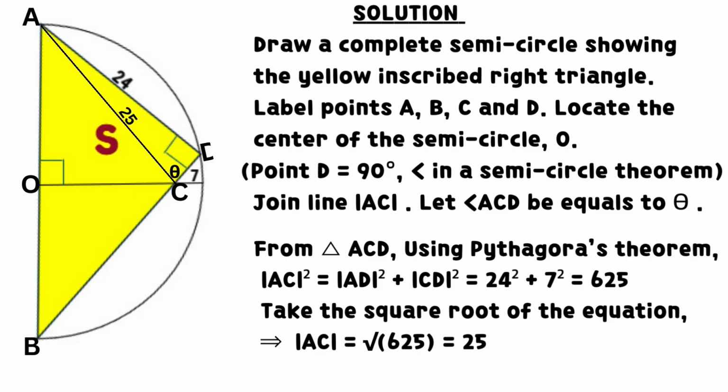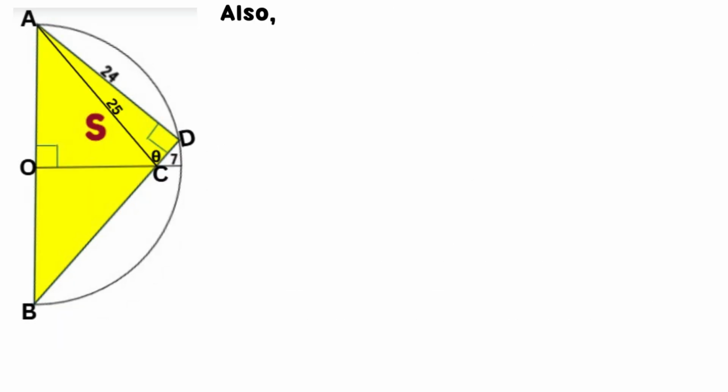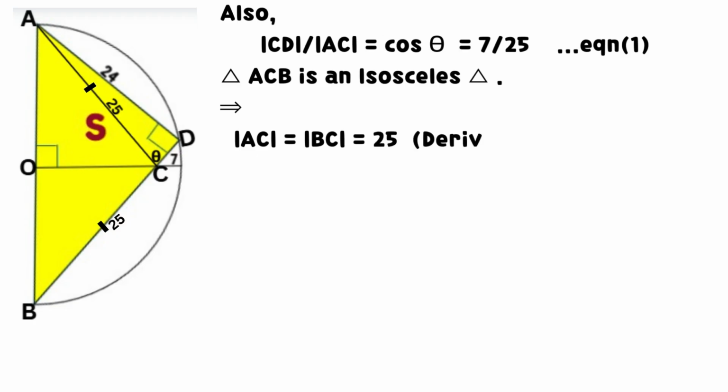This implies that line AC equals the square root of 625, which equals 25. Also, line CD divided by line AC equals cosine theta, which equals 7 divided by 25. We call it equation 1.